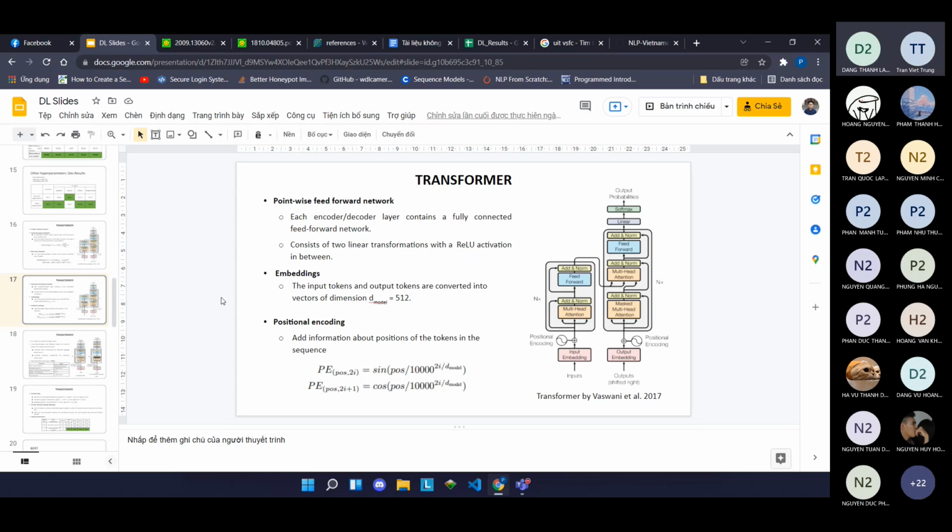Are you sure about that? I mean, it's the pairs of sine and cosine, all for the same I, essentially.